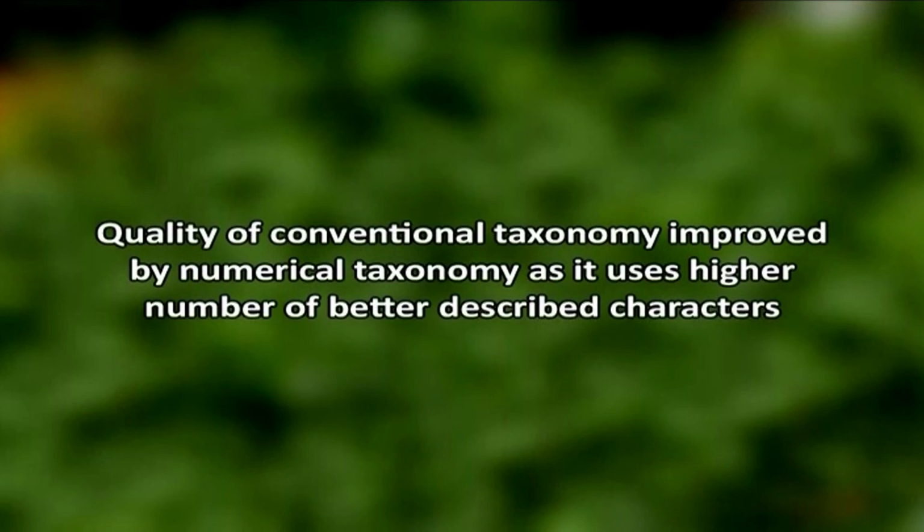The quality of conventional taxonomy is improved by numerical taxonomy as it uses a higher number of better described traits. Numerical taxonomy has suggested several fundamental changes in conventional principles of taxonomy in general and classification systems in particular. A number of biological concepts have been reinterpreted in the light of numerical taxonomy.